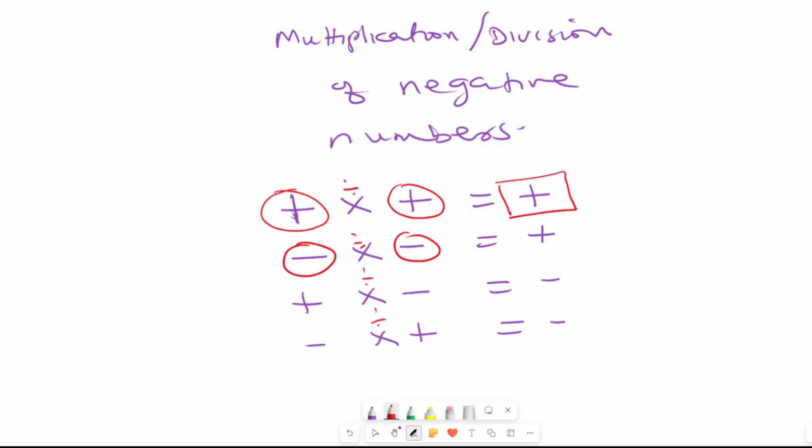When they interact, when they multiply, or when they divide, you end up getting a positive outcome. It's only a problem when there is a conflict, a plus trying to interact with a negative, multiplication or division, of course. Then you get a negative outcome. A negative trying to interact with a positive, you get that outcome. So have that in mind.